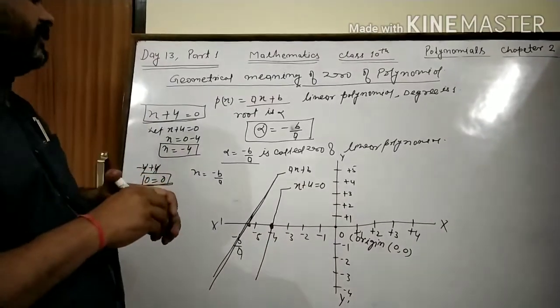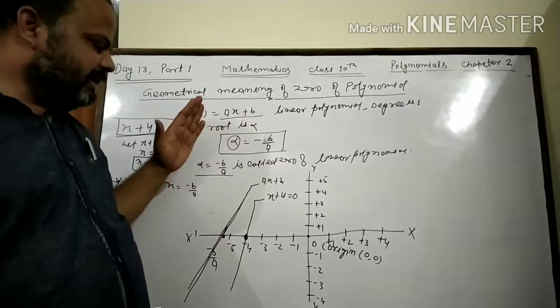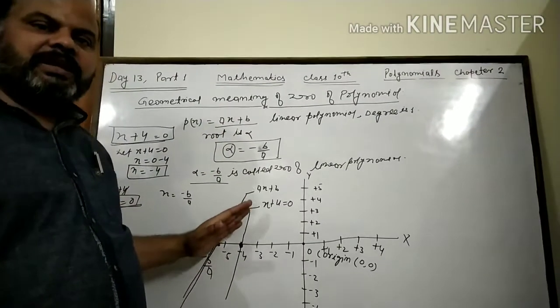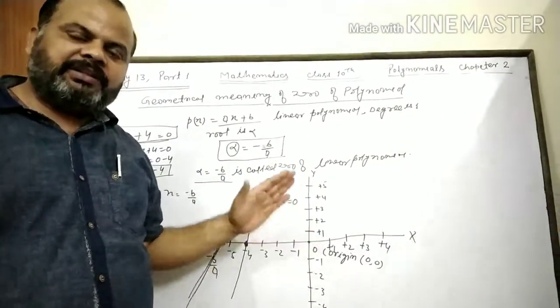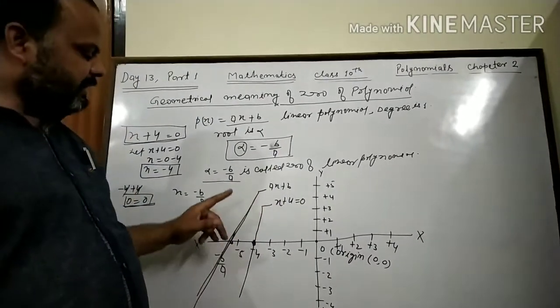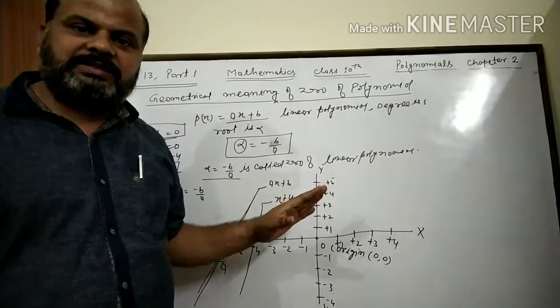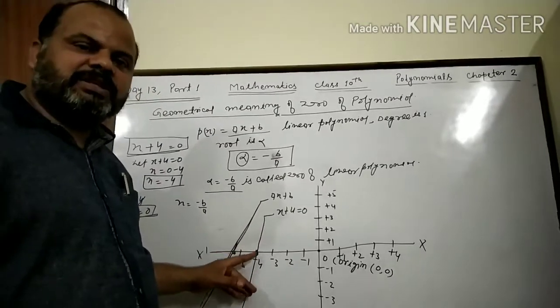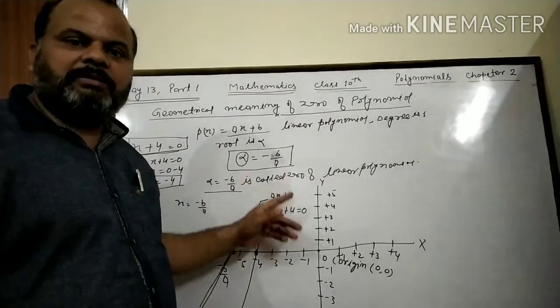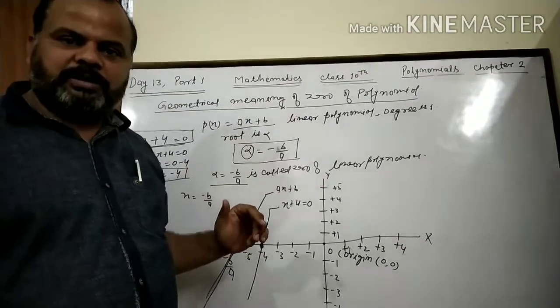It means if you have a linear polynomial, then its graphical representation is a straight line. You get a straight line and it intersects the x-axis at only one point, and where it intersects the x-axis, this point is the zero of the given polynomial. Clear? It is the geometrical meaning of the zero of the polynomial.